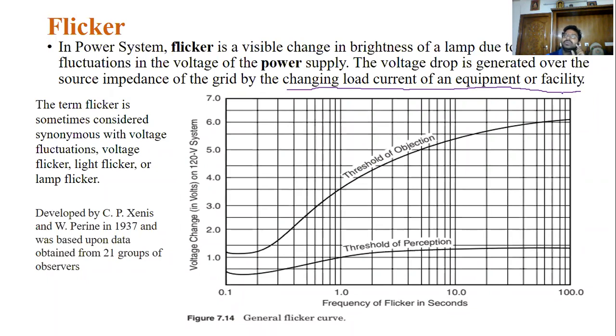In accordance with the load current, the voltage also changes. When you observe that change, seen by the human eye in lamps or incandescent lamps, we can treat it as a flicker.